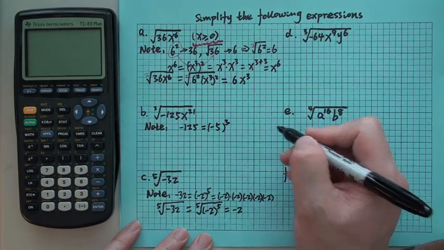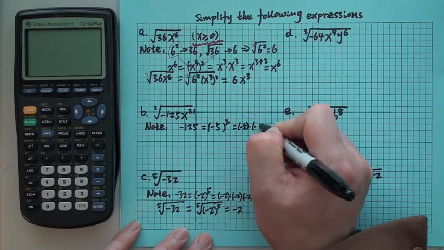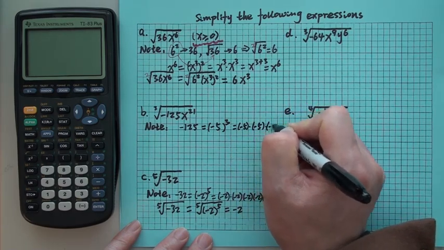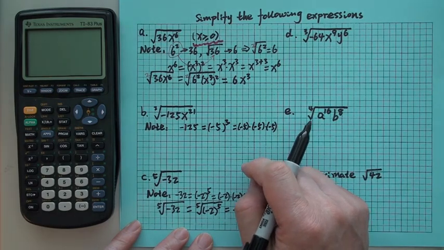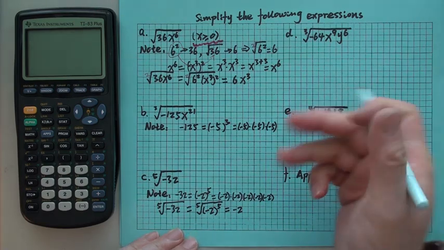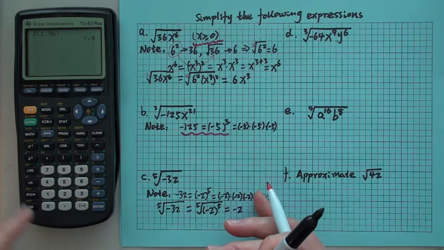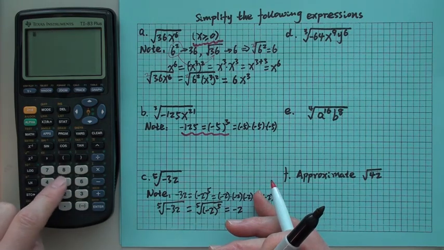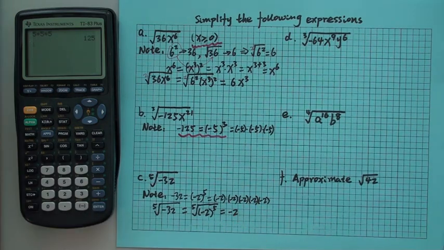It's actually negative 5, negative 5, negative 5 times. So we know this is true. Down here you have 5 times 5 times 5 is 125.